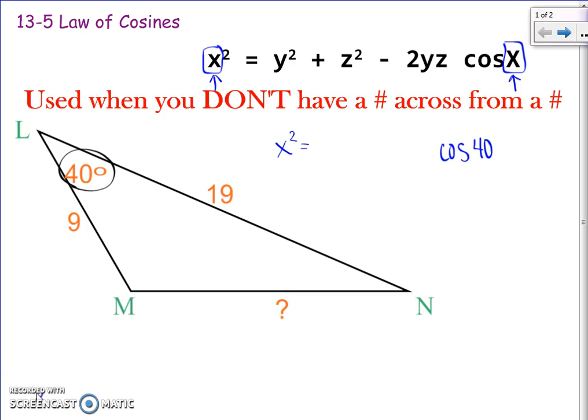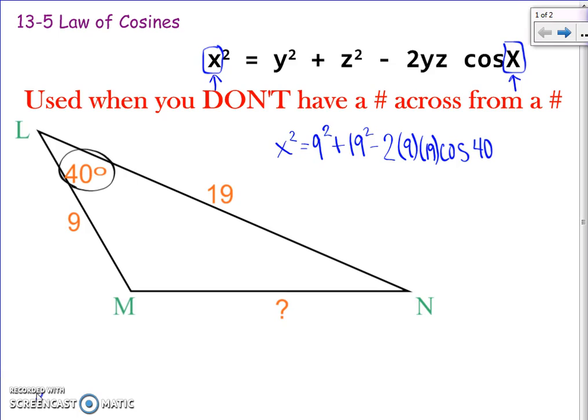The y and the z are just the other two sides, and it doesn't matter what order you put them in. So you can have 9 squared, 19 squared, minus 2 times 9 times 19. We're just putting in those other two side lengths.